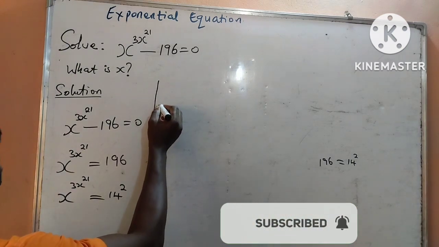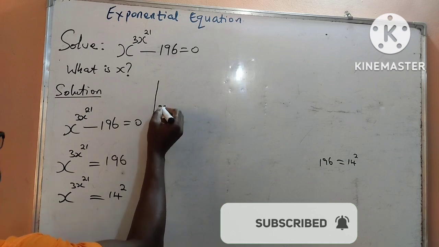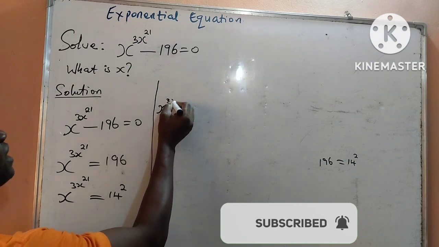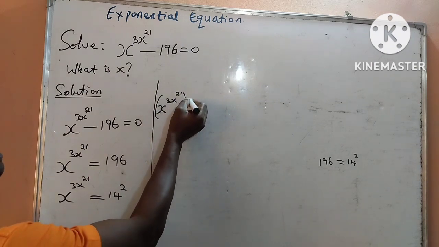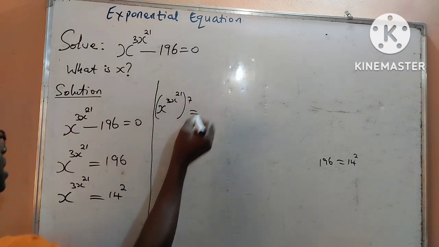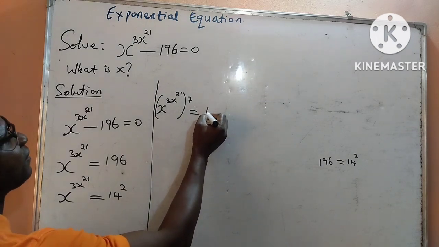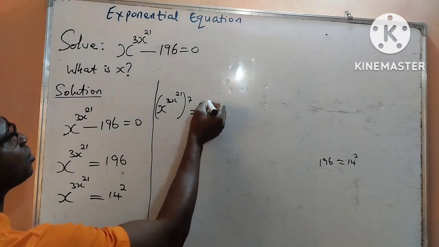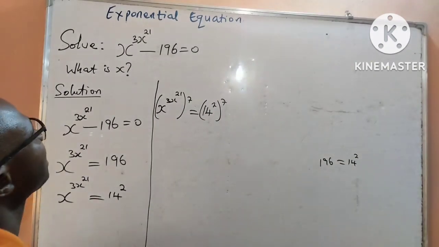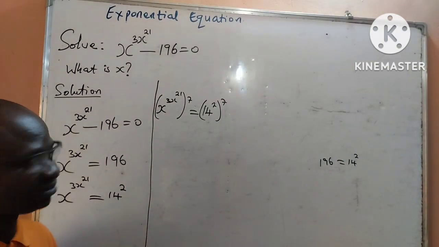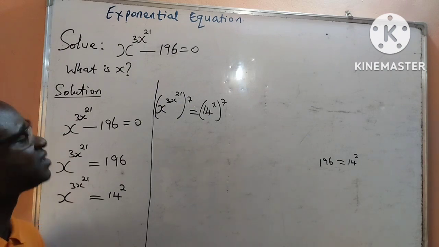And that is going to give me x to the power of 3x to the power of 21 multiplied by 7, and on the right hand side, I will still have 14 to the power 2, also multiplied by 7. So if I am multiplying both sides of the equation by power 7, the equation is still balanced.